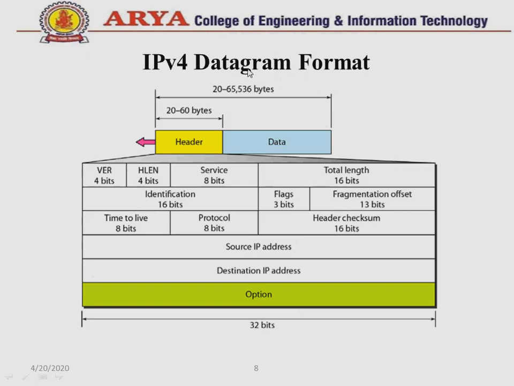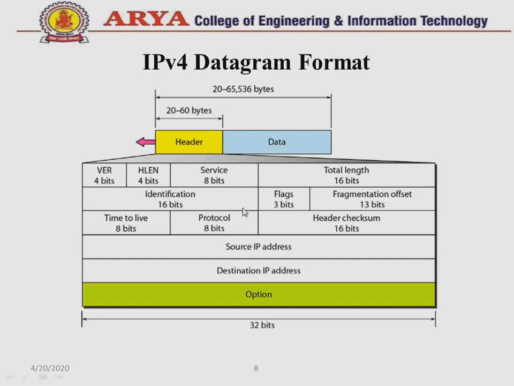Here is the datagram format for IPv4. Here this is the header and this is the data. Data is the part that carries the information we have to transmit, and the header contains different parameters like VER, HLEN, service of 8 bits, and total length of 16 bits.